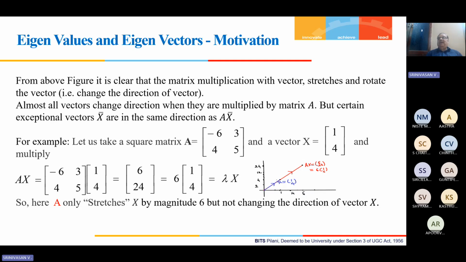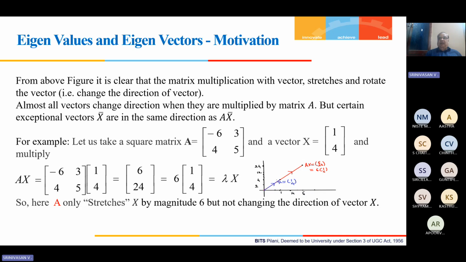But this 6 is a scalar, which is denoted by lambda. This lambda is going to be called later on, under certain conditions, an eigenvalue of the given matrix. When, we will see. So we are now not just putting any scalar by symbol C or K or whatever it is, we start using the notation lambda, which gives rise to the motivation for getting eigenvalues and eigenvectors.